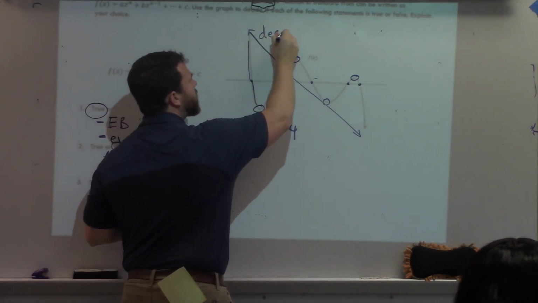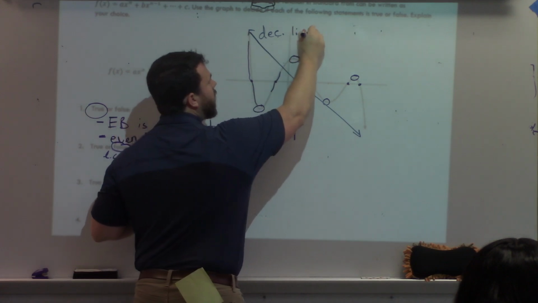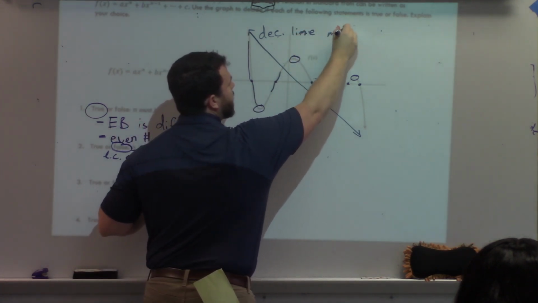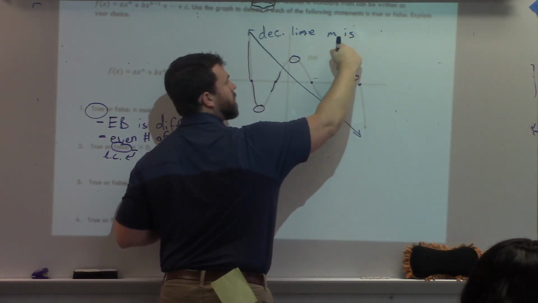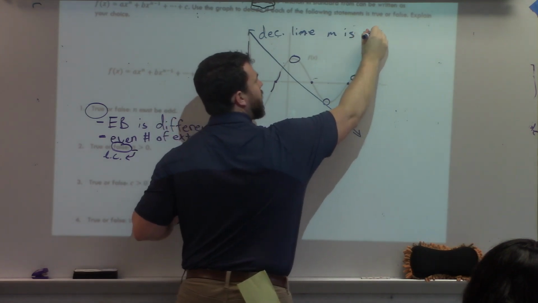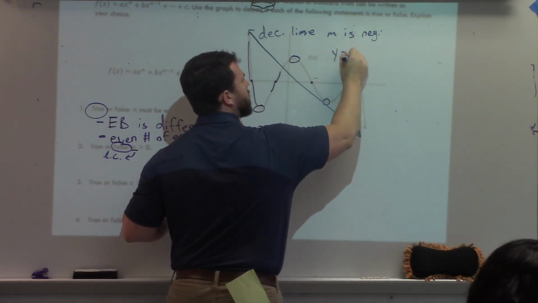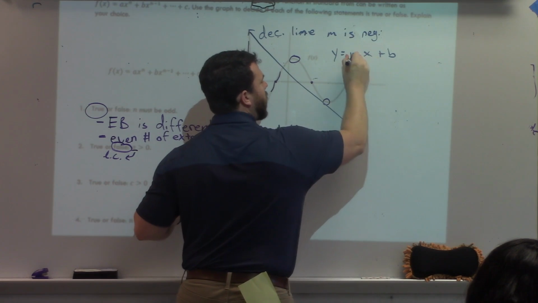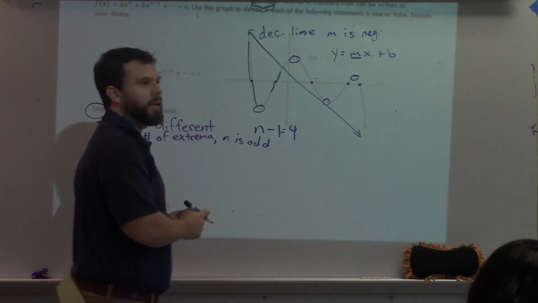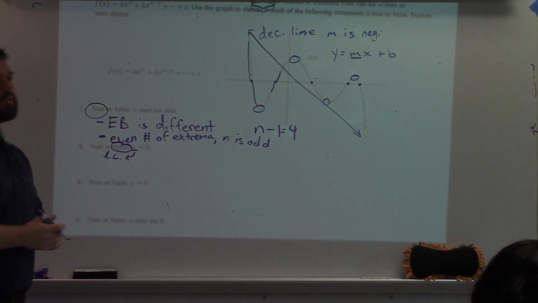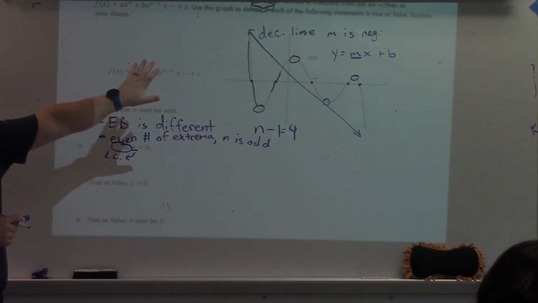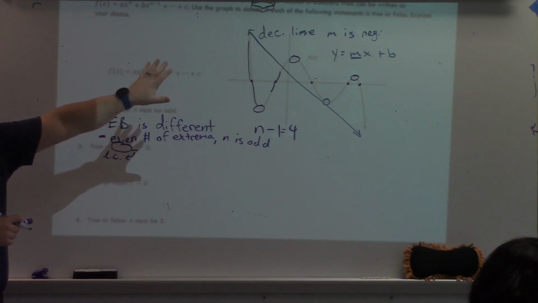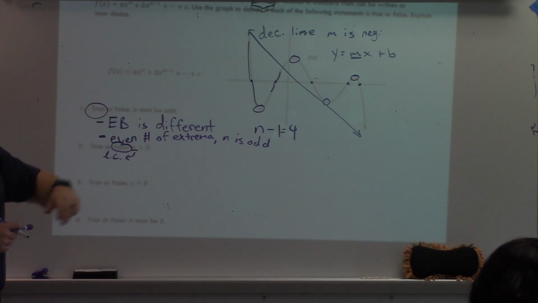And if it was a decreasing line, the slope is, what is the slope here? Negative. And what would that slope also be for a linear function based on what we've been discussing here? It is also the leading coefficient, right?